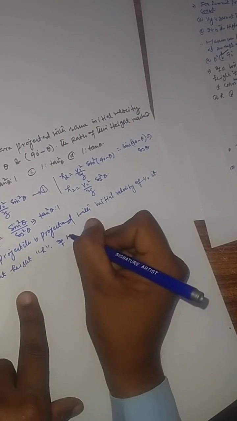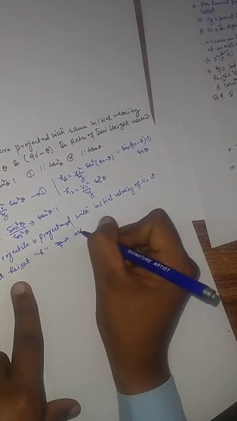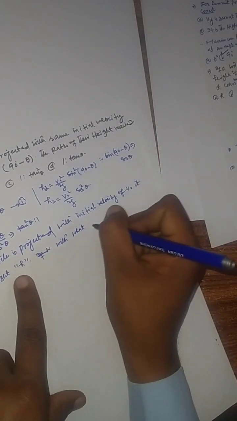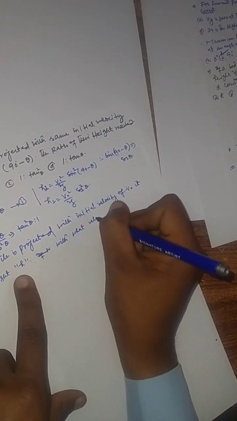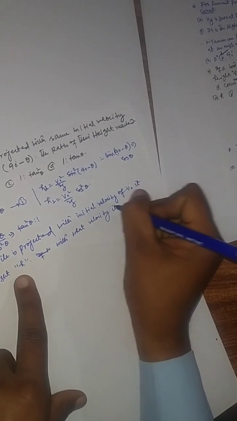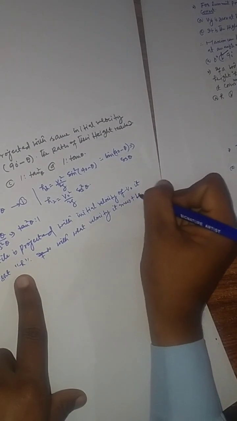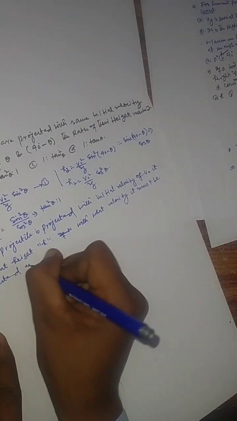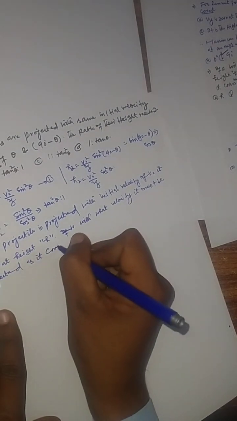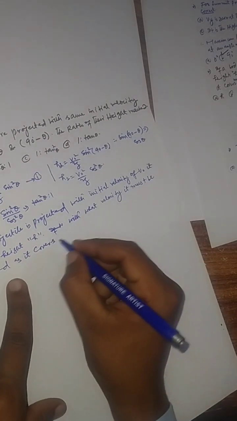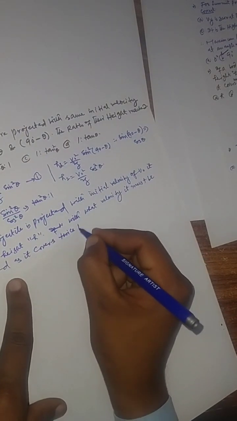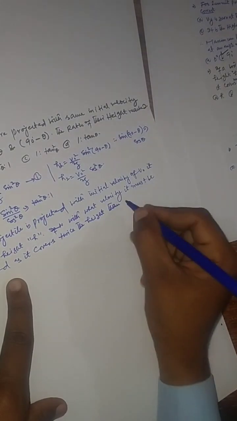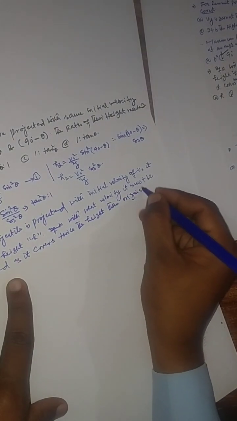With what velocity must it be projected so that it covers twice the height than the original?